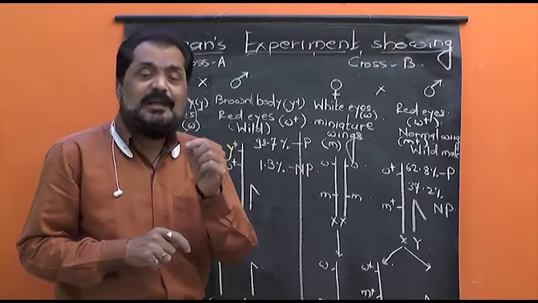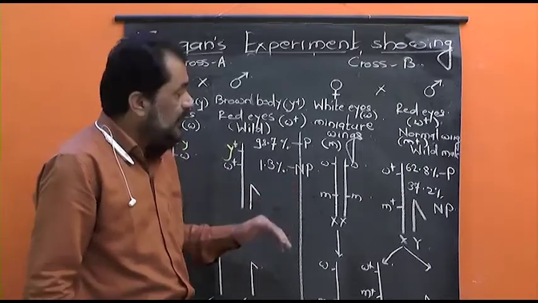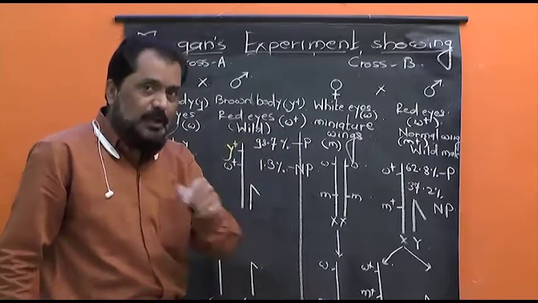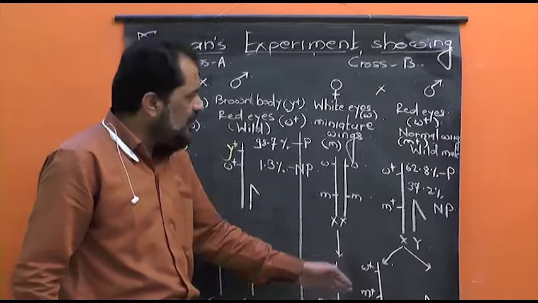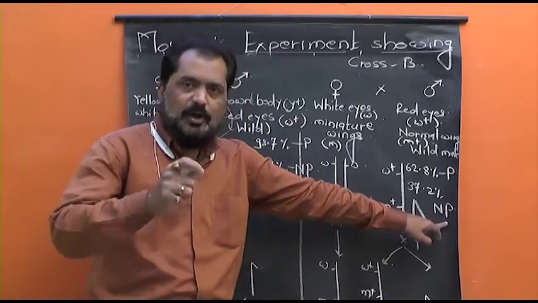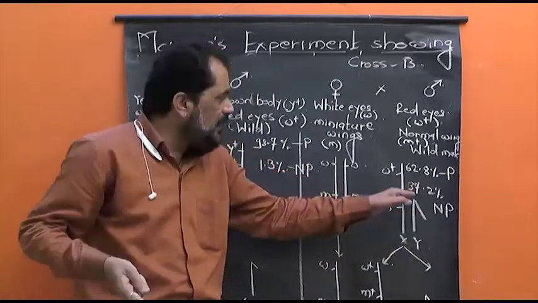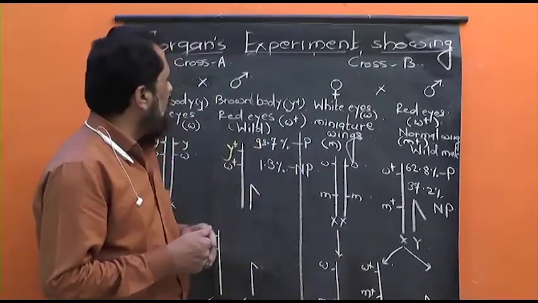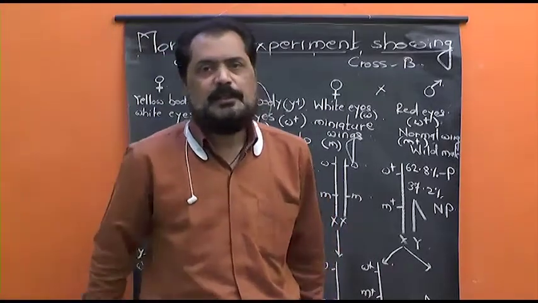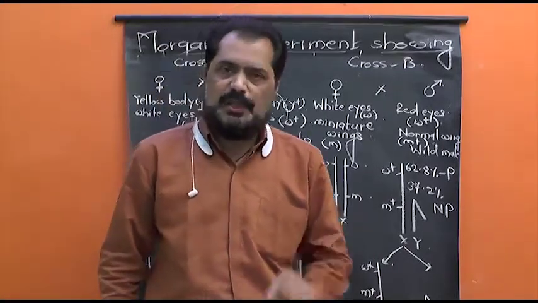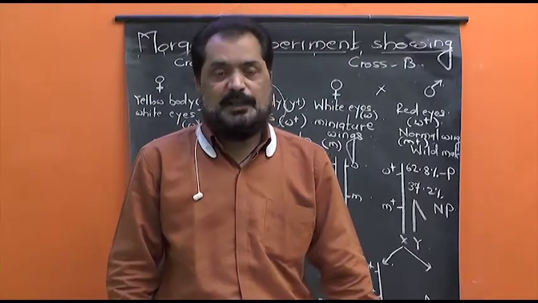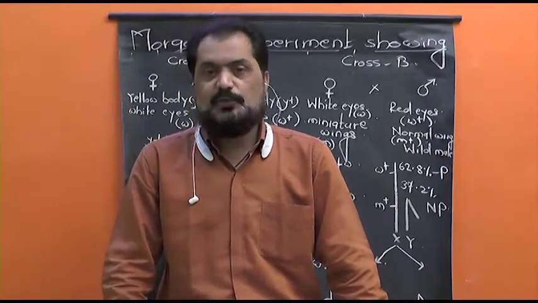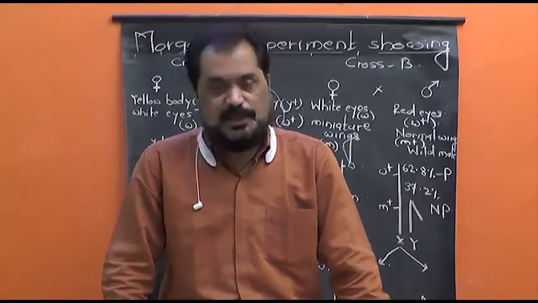They are loosely linked, and such loosely linked genes have more chances of recombination, and that's why in this cross the non-parental or recombinants appeared about 37.2%. From this experiment, Morgan concluded that genes present on the same chromosome have the ability to remain together and inherit together in successive generations. It is called linkage.